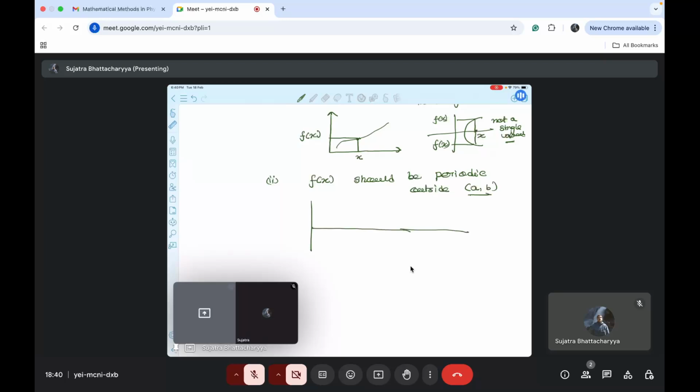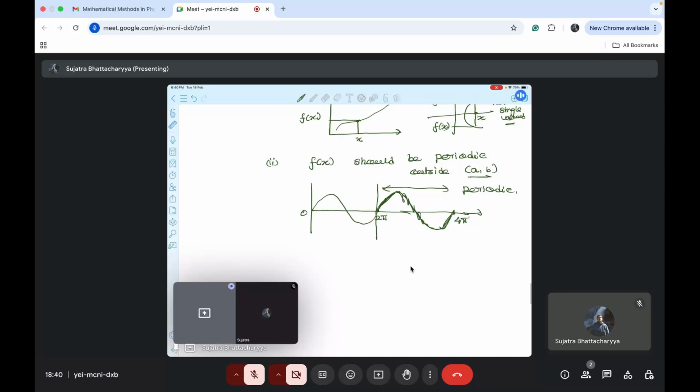So you have 0 to 2 pi. Now I'm saying that outside this 0 to 2 pi, it should be periodic. That means it should continue to be like this. This is what I'm talking about, the dark shaded line. Outside 0 to 2 pi, this should be periodic.